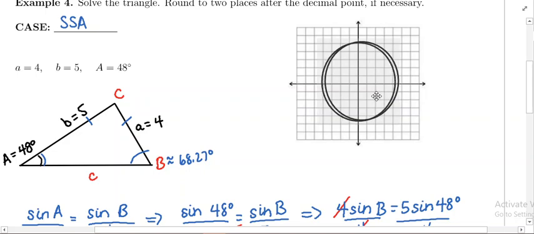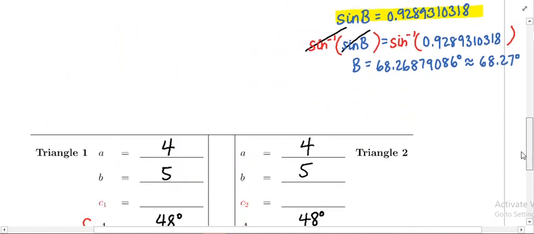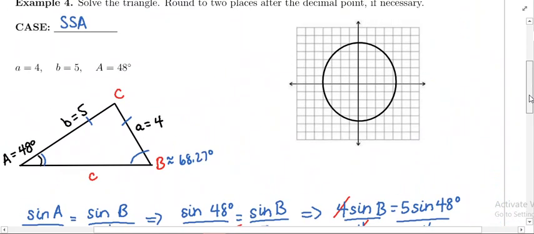Say this is the unit circle. We just found that angle B is approximately 68 degrees, so I'm going to eyeball a 68 degree angle here. It's going to look something like this. This angle right here is 68.27 degrees.